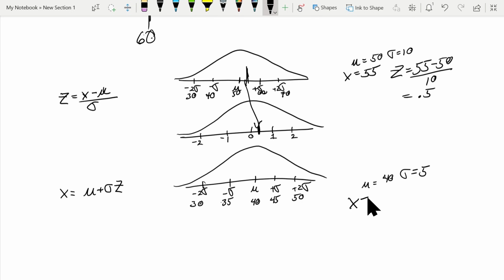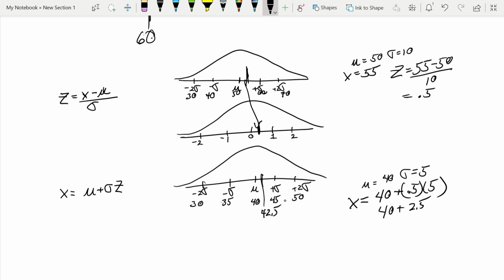X is equal to 40 plus 1/2 of a standard deviation. This thing moves from here to there, standardized, and then I convert it to another distribution.